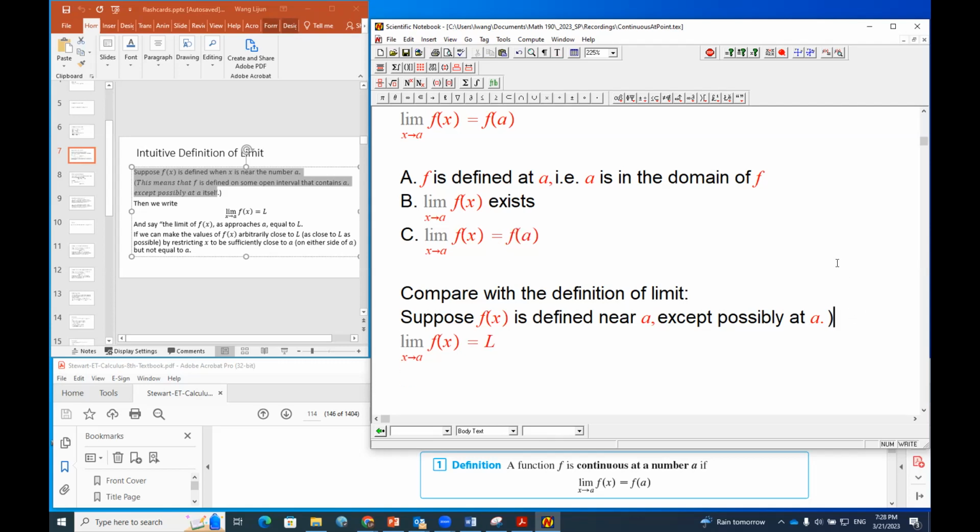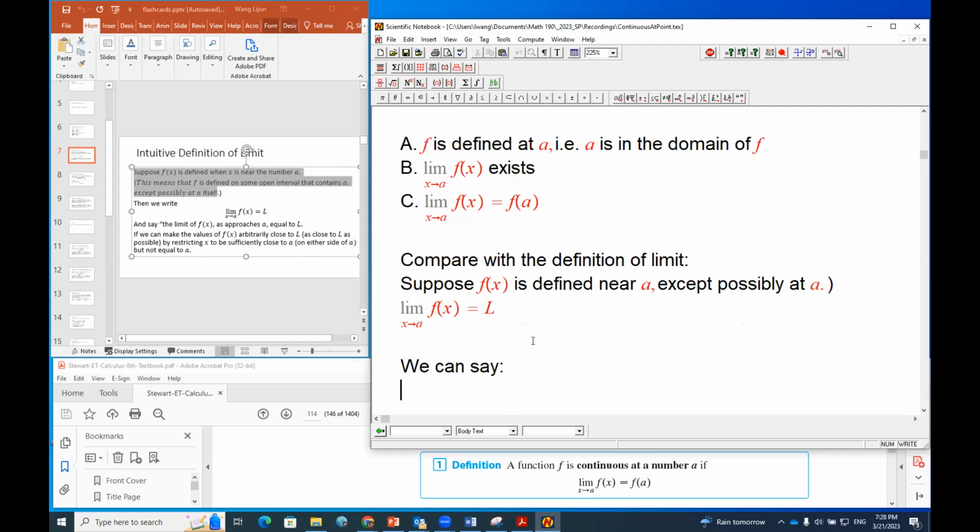So we can say the following: if f is continuous at A, then the limit exists.